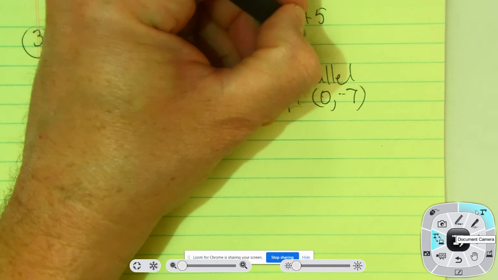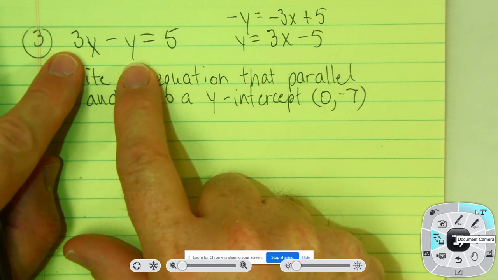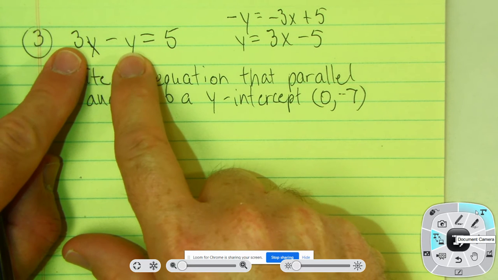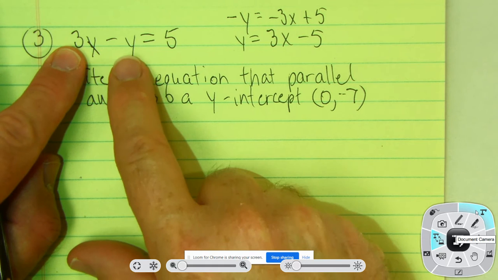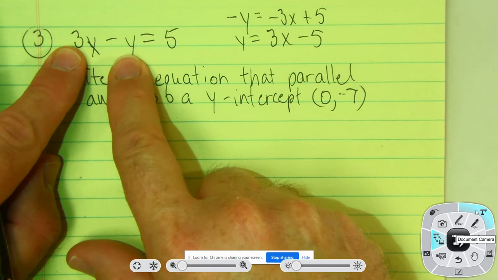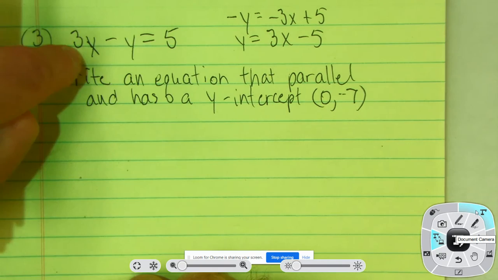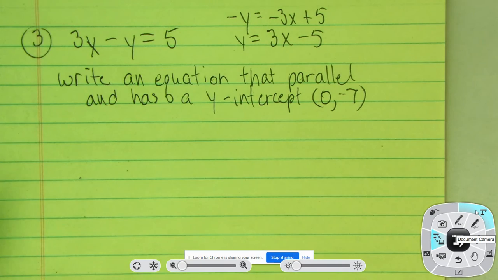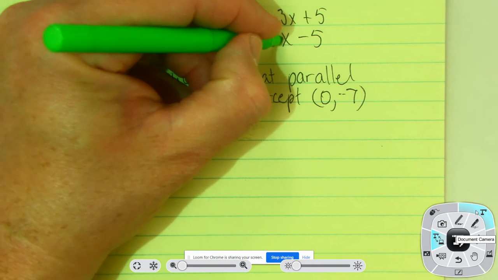It's positive 3x minus 5. There is actually a way to extrapolate the slope out of it in standard form. It's just to put the coefficient of x, as long as they're whole numbers, over the coefficient of y and reverse the sign. 3 over 1, but not negative, positive. So anyway, my slope here is positive 3.